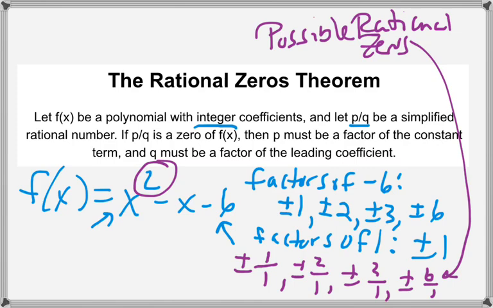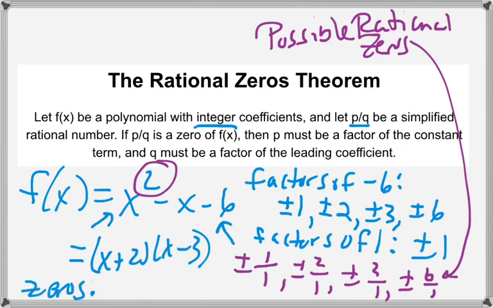So for example, now we know not to bother plugging 4 in for x and seeing if it gives us 0 because it's not on the list, so 4 is not a 0. Now to illustrate how this plays out, this function actually factors as x plus 2 times x minus 3. So the actual zeros here are -2 and +3, which are on our list.